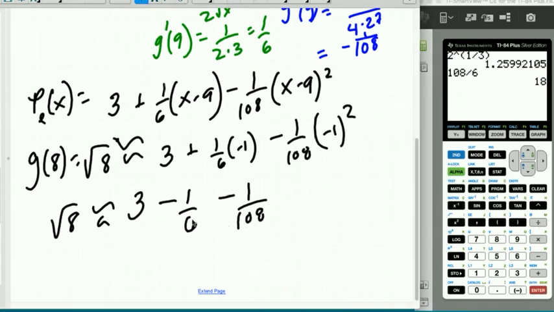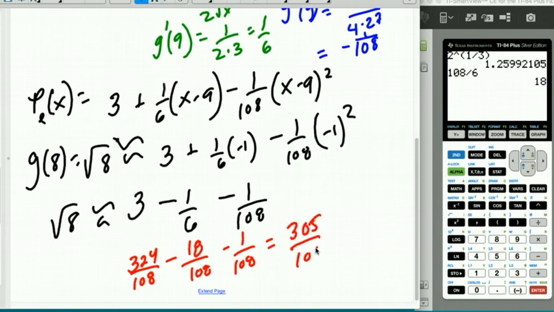So you could do 108 over 108 times the 3, and you'd get a 324 over 108, minus apparently an 18 over 108, minus a 1 over 108. If you subtract 20, it'd be a 304, and I'm subtracting 19, so it's a 305. So I get 305 over 108, which I'd probably write as a decimal anyway, right?